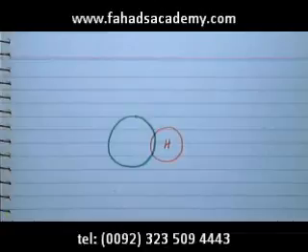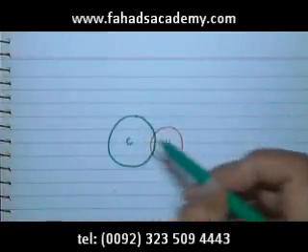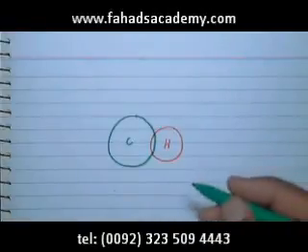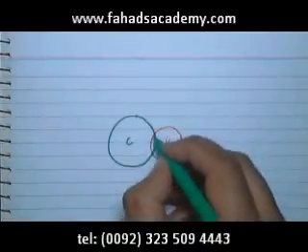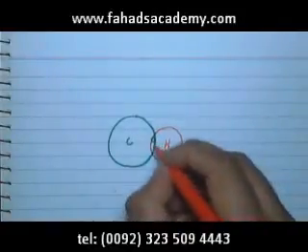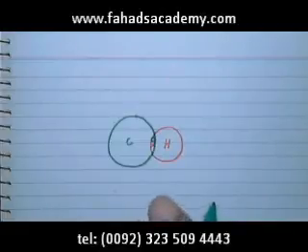So this is hydrogen and this here is carbon. Now carbon needs to share four electrons, hydrogen can only share one electron, and I told you the number of electrons shared are always shared equally. So what happens is that carbon can only share one electron with this hydrogen, and this hydrogen is going to share one electron with this carbon.